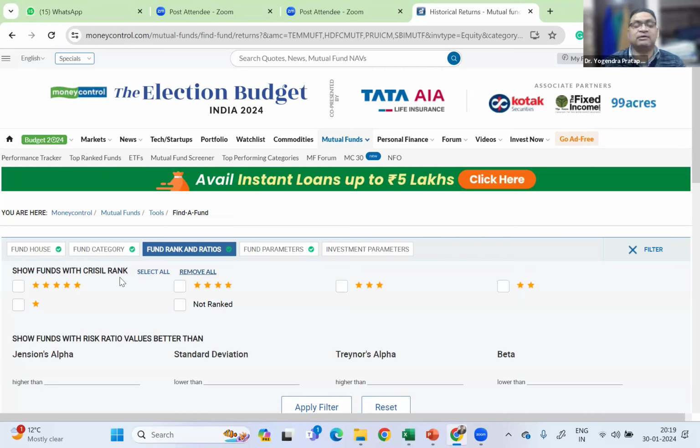So thanks to our financial intermediaries, financial rating agencies like CRISIL, one of the well-known rating agencies, they rate based on safety, security, return, and all these risk-return profiles. They rank and they give stars to our mutual fund schemes. So why not choose the 5 rating and 4 also?